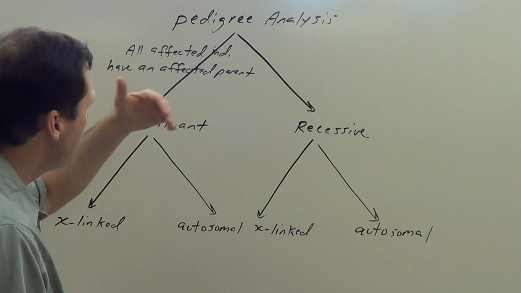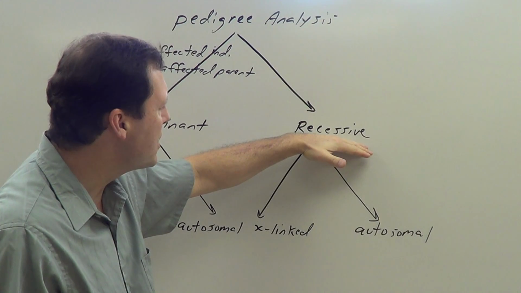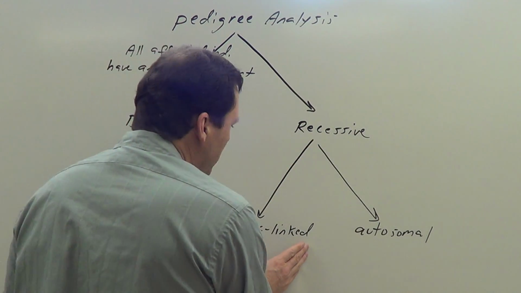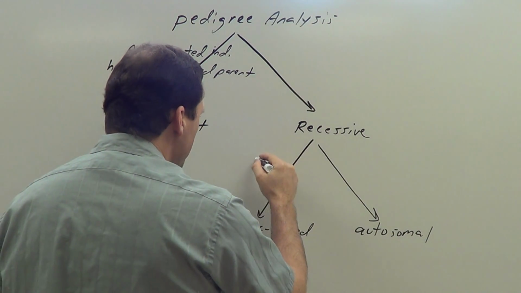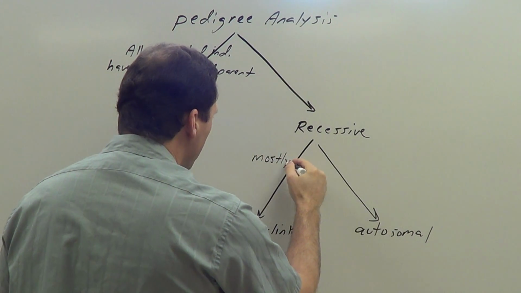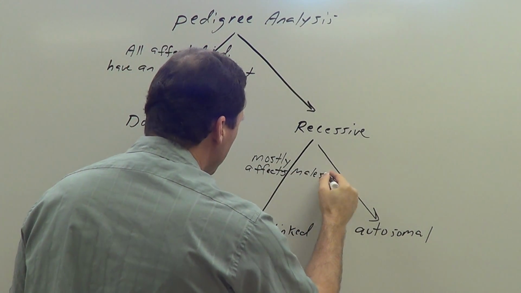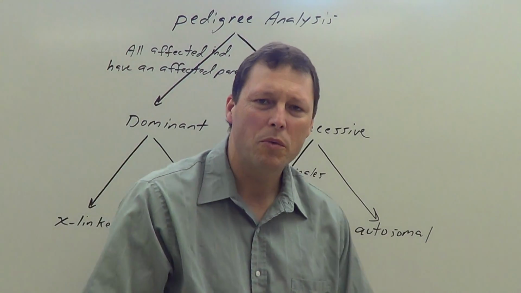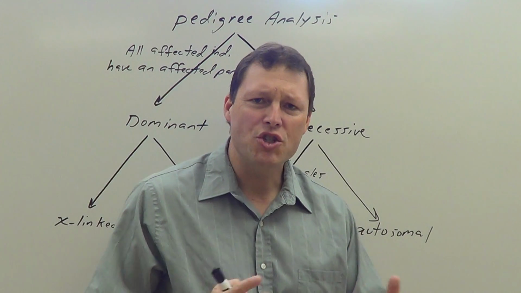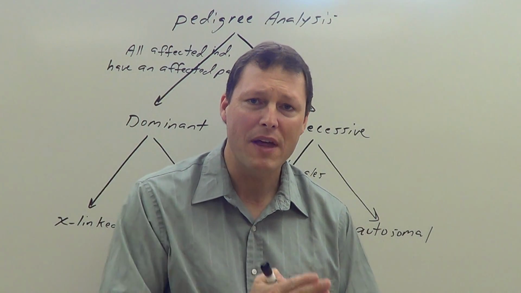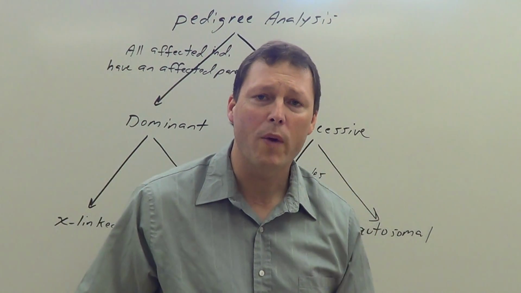So let's assume that we determine the trait is recessive. Once we've determined that the trait is recessive, we now have to determine, is it X-linked or autosomal. If it mostly affects males, then we're going to assume that it's X-linked. The reason is because males only have one X chromosome. So if they get a bad gene on the X chromosome, they're going to have that particular trait. With females, it's a little bit different because females have two X chromosomes.